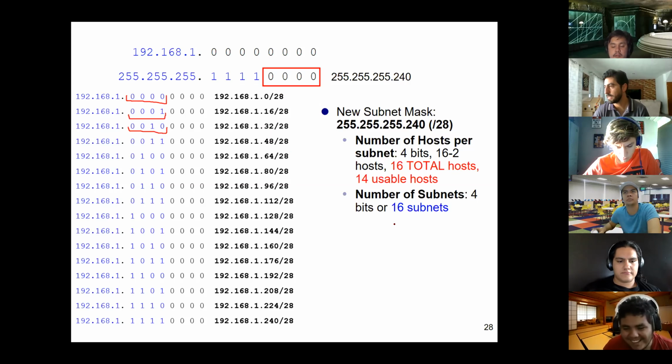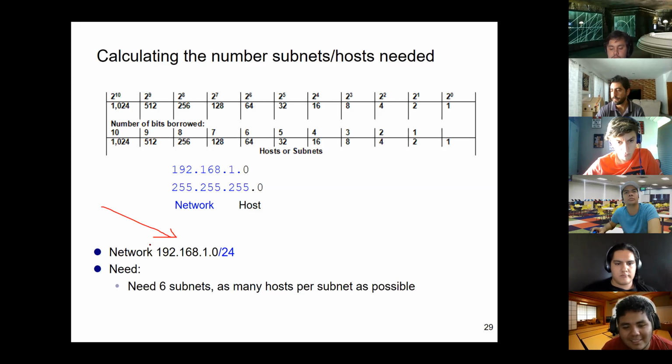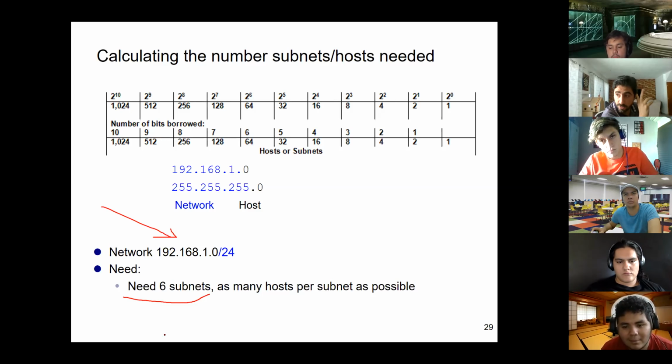So let's go on then. This is your IP, the same thing. Now I'm not telling you the hosts, I'm telling you I need 6 subnets. I have 6 offices, I want to give each one of them one network. So how should I do it?